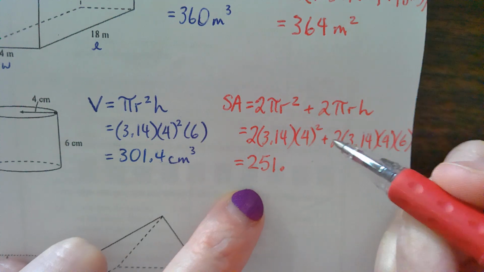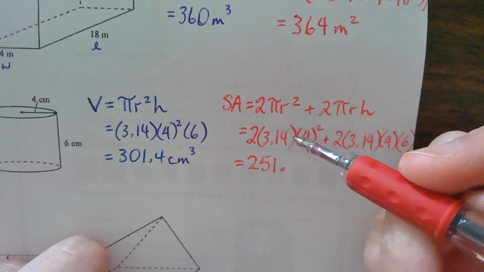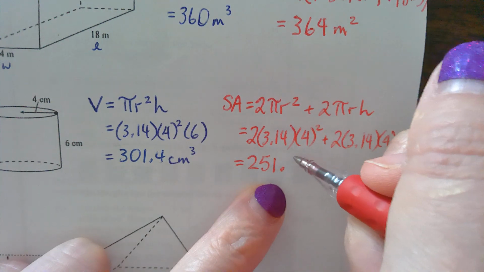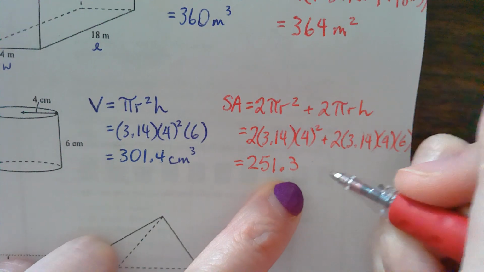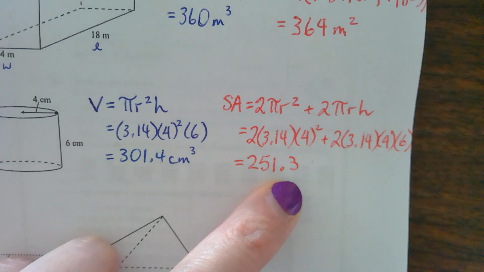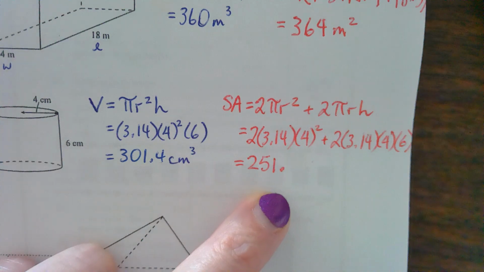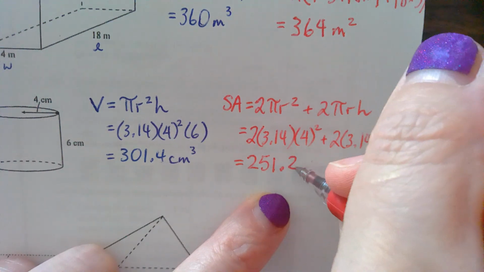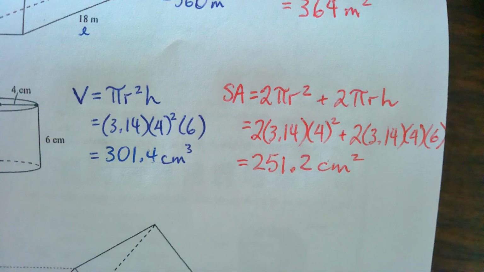On the test, I don't mind if you do 3.14 or you use pi. I'll take both. If you use 3.14, you got 0.2.